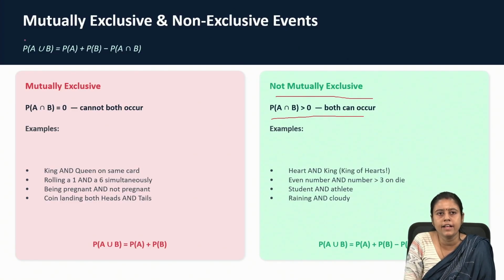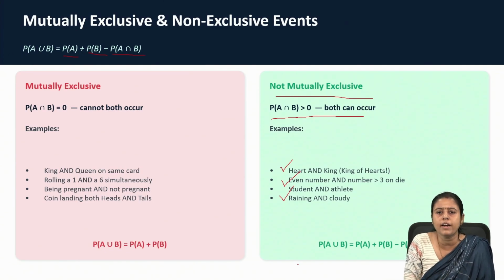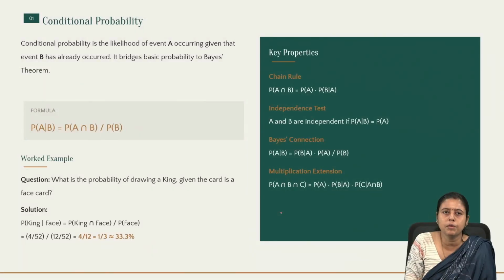In that case, P(A union B) will be P(A) plus P(B) minus P(A intersection B). For example, a heart and a king, or an even number and a number, or a student who is athletic. There are different cases where both depend on one another. This is called the not mutually exclusive case.